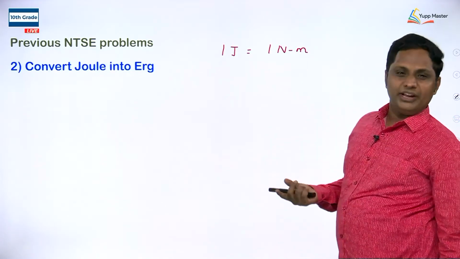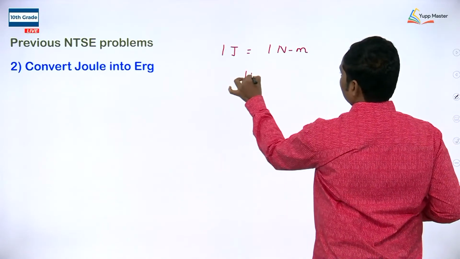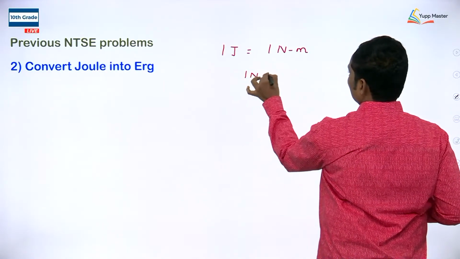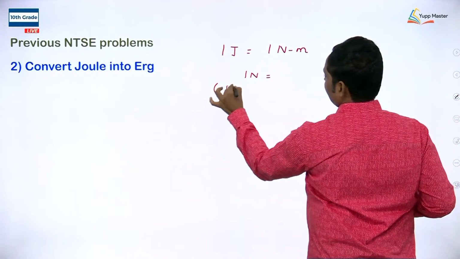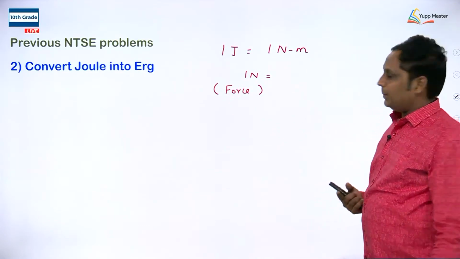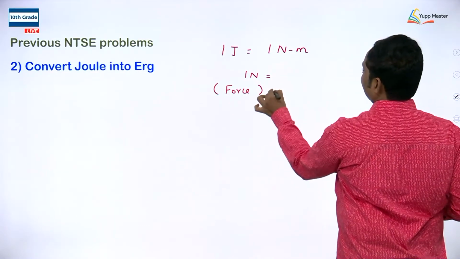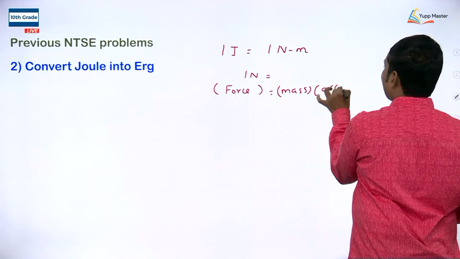Again we take the Newton. 1 Newton is used to represent force. It represents force, that is mass into acceleration.